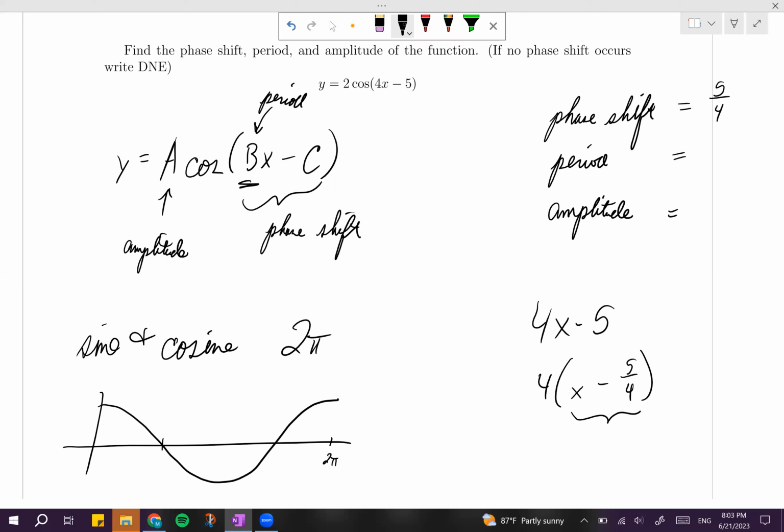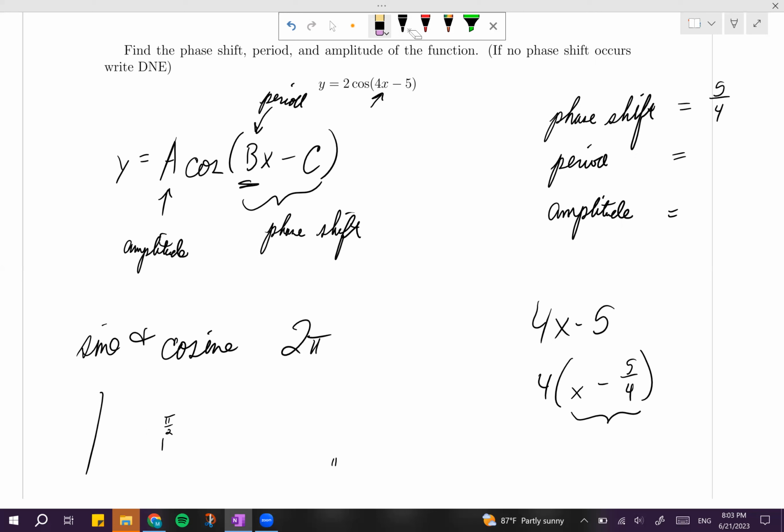This will cross at pi over 2. So whenever I plug in pi over 2, I have to multiply by 4. So then it would be 2 pi. If I plug this in here, I get 2 pi, which is 1 with cosine.